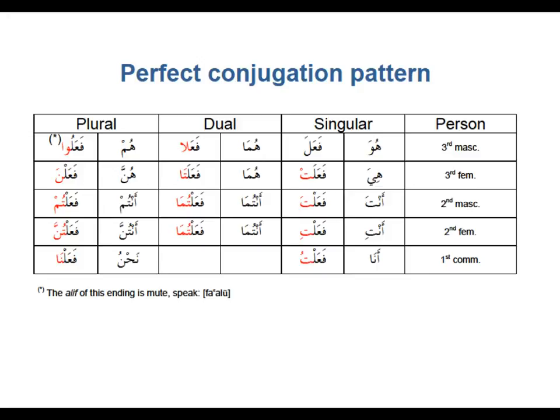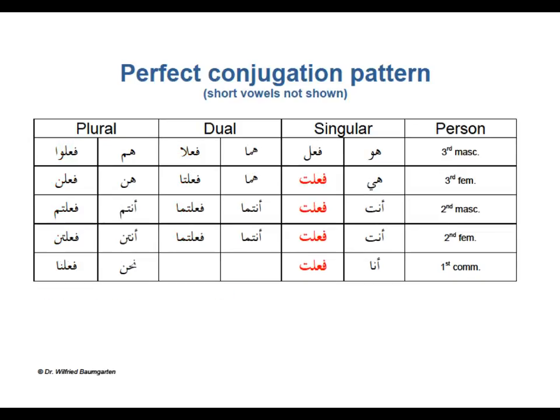Learn the endings printed in red. They are valid for all verbs, with no exception at all. Look at the forms printed out in red bold characters. Without the vowel signs, they look all the same. This would be the normal case in all modern texts like newspaper articles, books, magazines, but even in contracts and treaties.